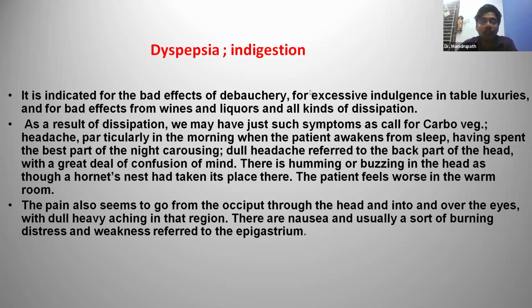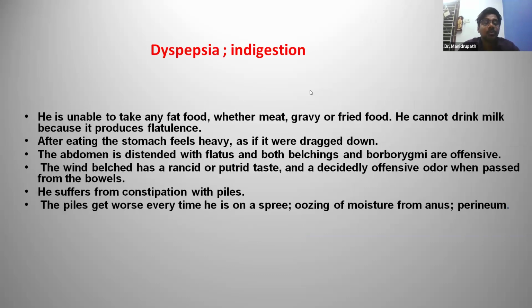The patient feels warm, worse in a warm room. The pain also seems to go from the occiput over the head and over the eyes, like Sanguinaria canadensis. Sanguinaria canadensis: right-sided headache in the eyes region, settling in the eyes. There is nausea, usually a sort of burning, distress, weakness, referred to the epigastrium. He is unable to take any fatty food, whether meat, gravy, fried food, and cannot drink milk because it produces flatulence.